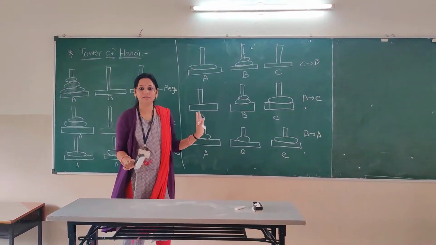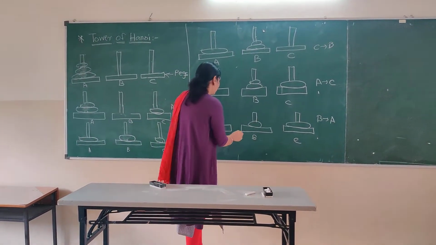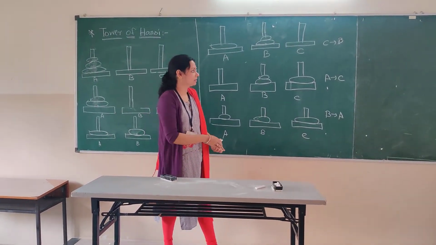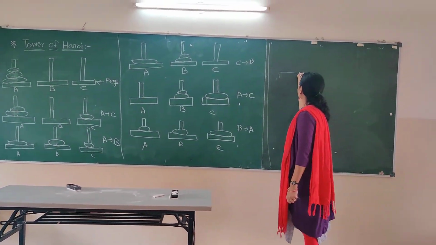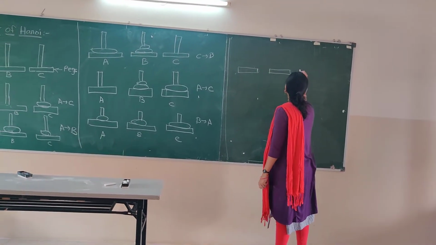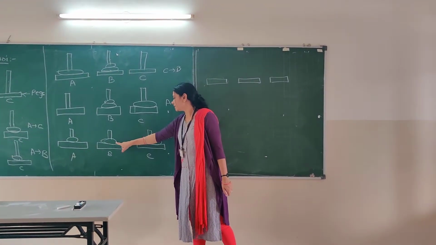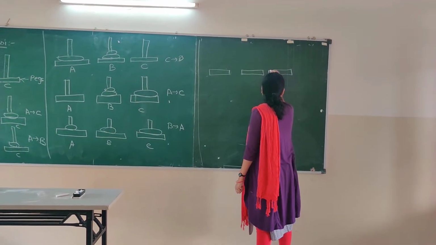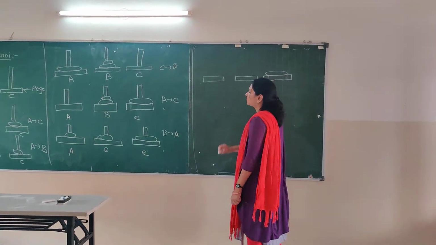Now very sorted. But while moving, keep in mind we have to move this middle one to the last peg. So my next move will be, these are my pegs, that is A, B and C. I am moving the middle disc from B to C. So here we have the last one where the larger disc is present.